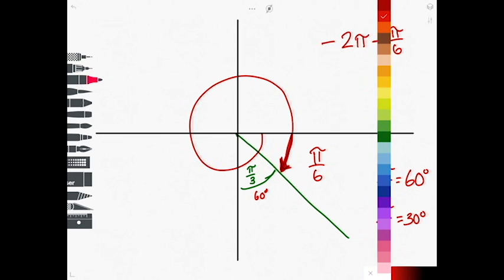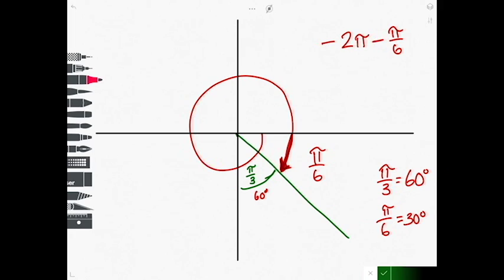Oh boy, got to remember all my fractions. Okay, here we go. So what I'm going to do is I'm going to take this negative 2 pi, and I'm going to change it into something that's over 6. So what divided by 6 is 2? That is 12. 12 pi over 6. So if you look at this, 12 pi divided by 6, well, that's 2 pi.